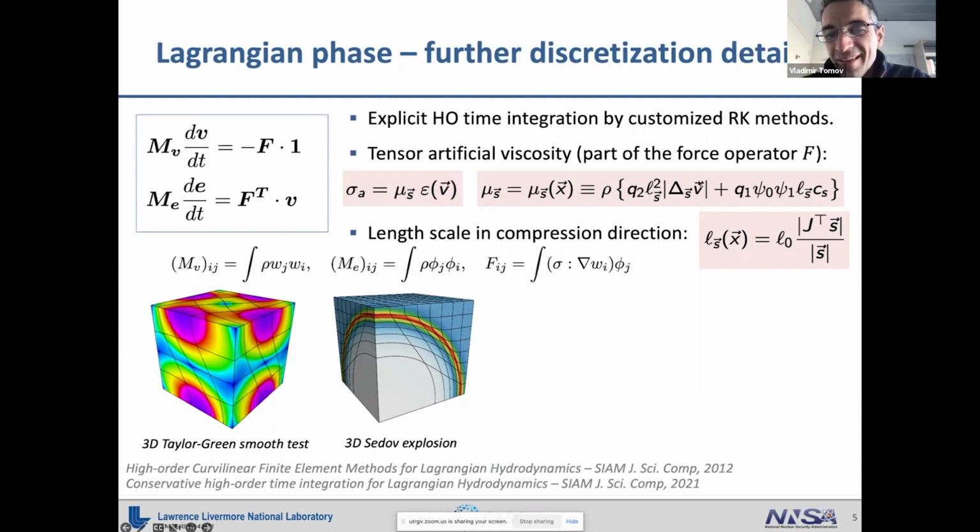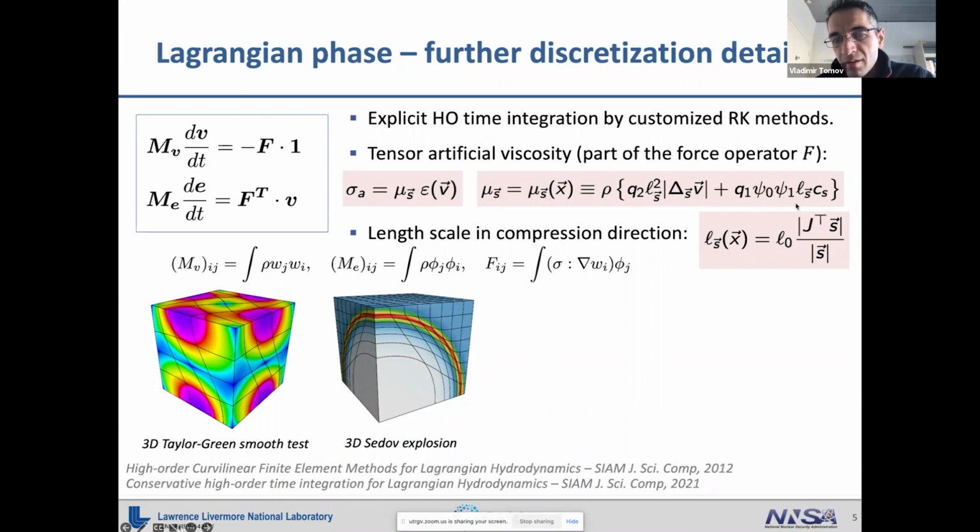There isn't much theory about this. It's basically ad hoc. People know that this works, and it works well for all cases. The important part is the L, the length scale. This is a linear term, and this is a quadratic term.